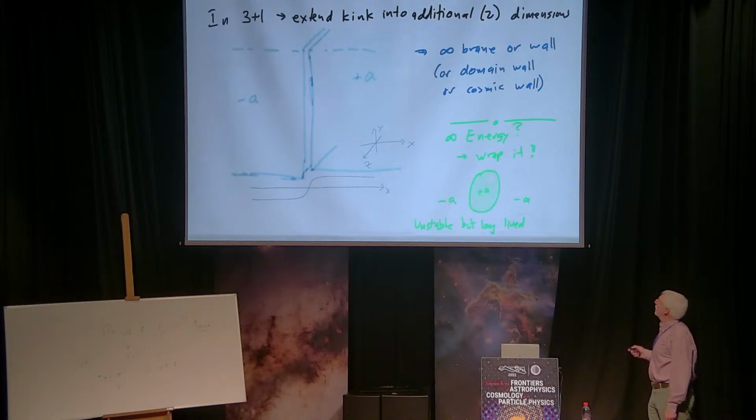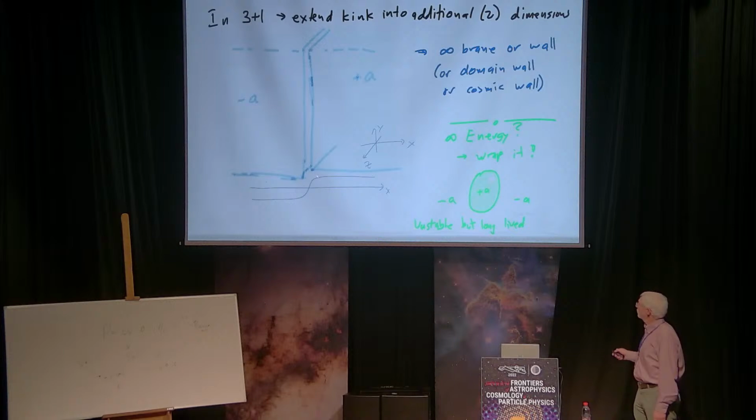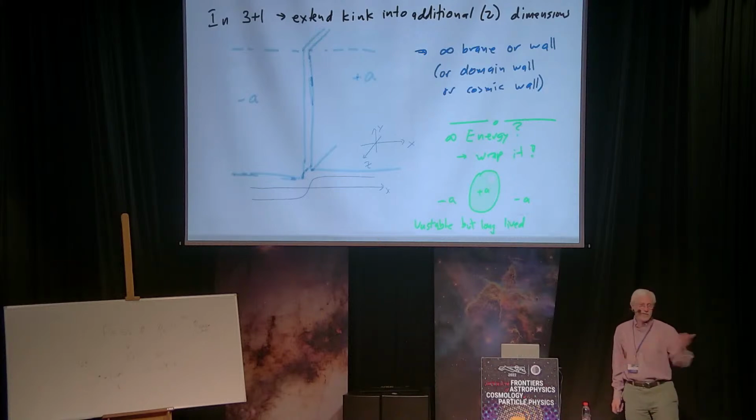I presume somebody will talk about something like this. I'll tell you later why this could happen cosmologically. But the point is, one of the problems with this thing that I just wrote down is that, of course, there's energy associated with this transition here. We said that in 1 plus 1 dimensions that was a finite quantity. But now this finite quantity multiplied by the infinite area of this wall is infinite.